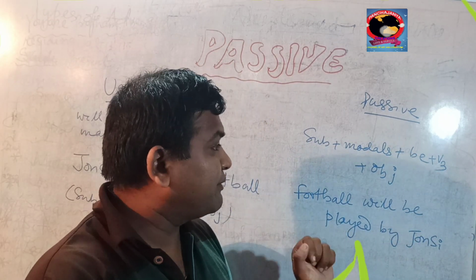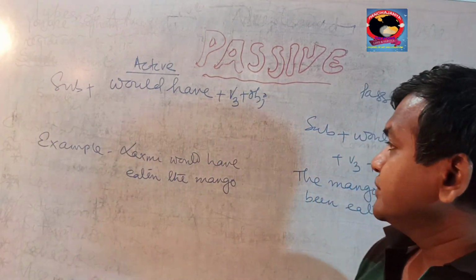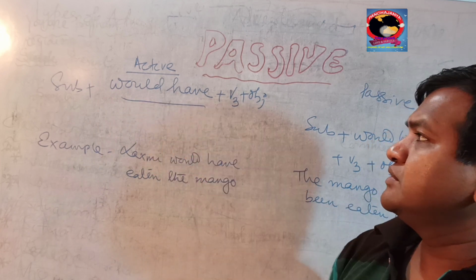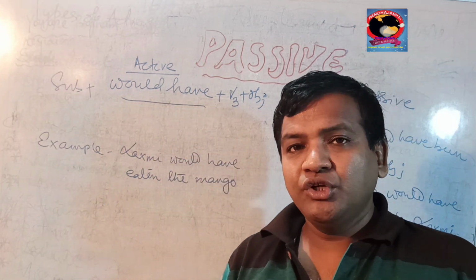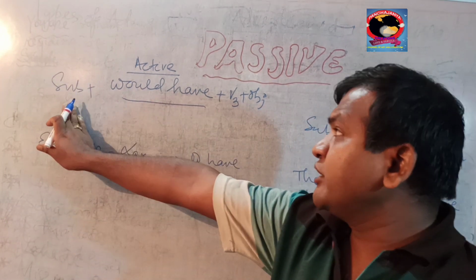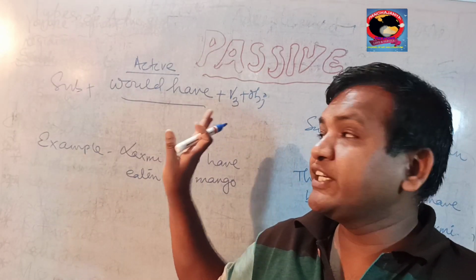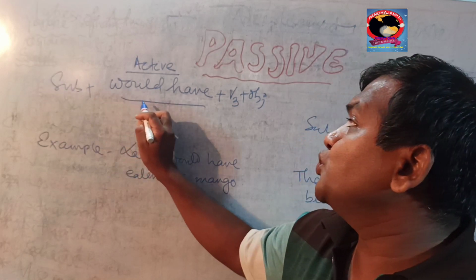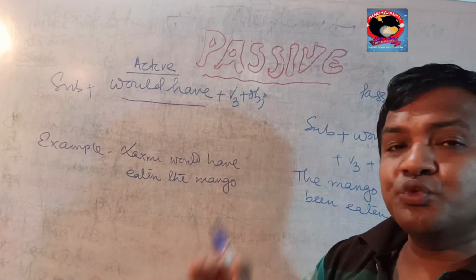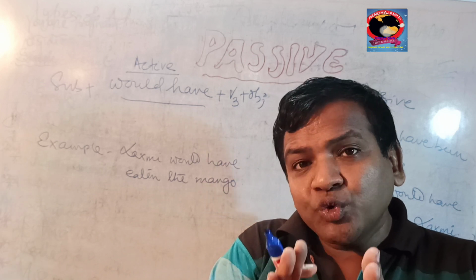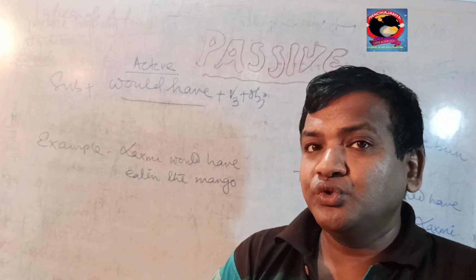I think you have understood. So see here, the use of would have. Subject plus would have plus V3 plus object. After would have, V3 is used.